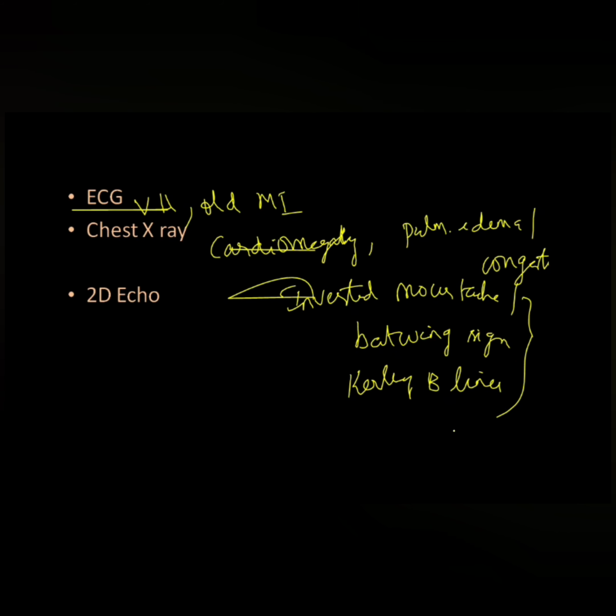Then you have echo. Echocardiography will tell you whether the valves are fine, and what the ejection fraction is. And next, MRI. And finally, we have the serum BNP, that is brain natriuretic peptide, and NT-pro brain natriuretic peptide.